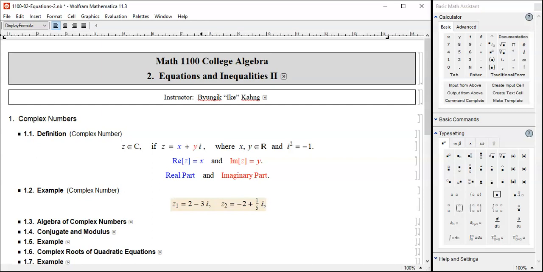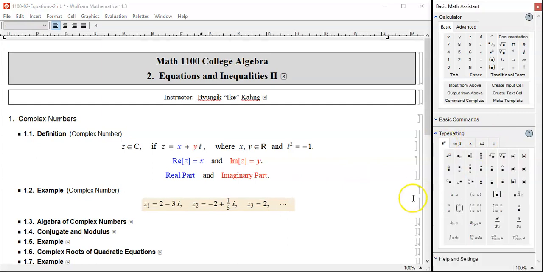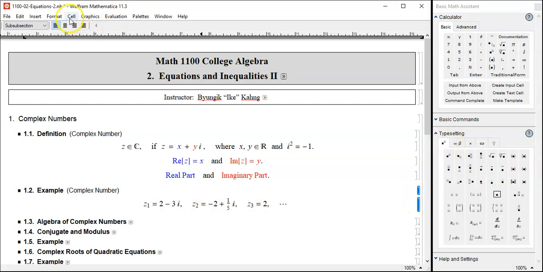And yes, this is also an example of a complex number, but of course 0 times anything is 0, so any real number is also a complex number, and so on. These are examples of complex numbers.